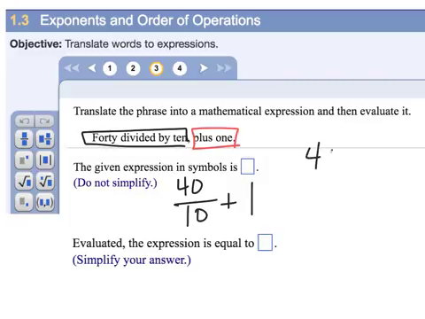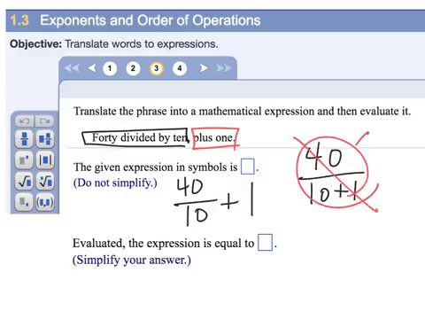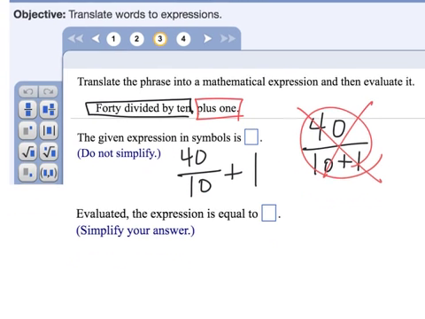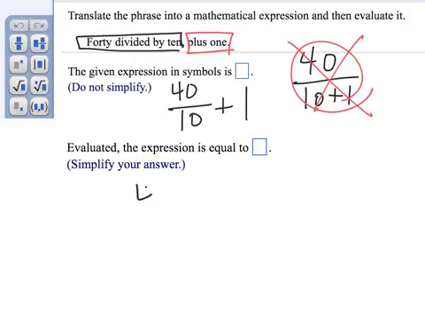You do not want 40 divided by 10 plus 1 all in the fraction. See the difference between the two? This one is wrong. So when you're typing using these symbols over here, you want to make sure the plus 1 is outside of the fraction. And now to evaluate it, 40 divided by 10 plus 1.